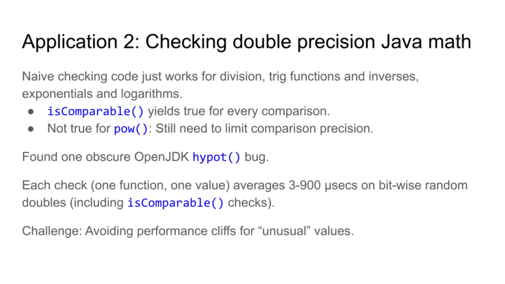The challenge we had in doing this is that it's relatively hard to avoid corner cases in the algorithms where things just take way too long. And since we're actually performing checks on randomly generated floating point bit patterns, those corner cases would initially prevent things from converging in a reasonable amount of time, but we've managed to fix all of those.